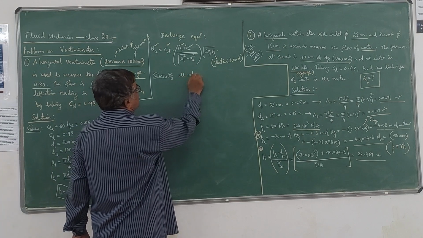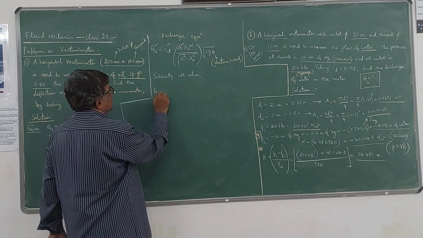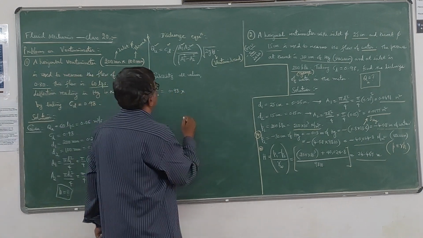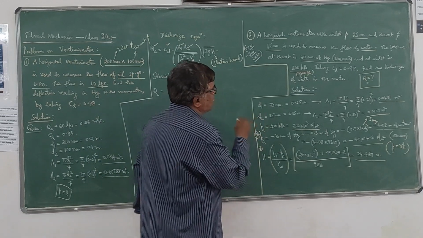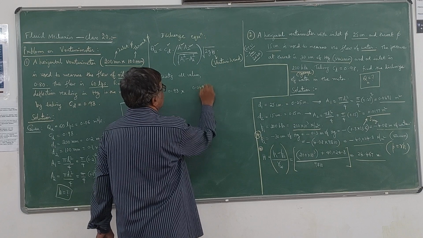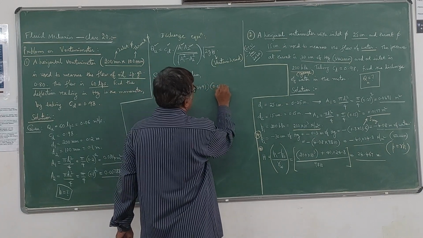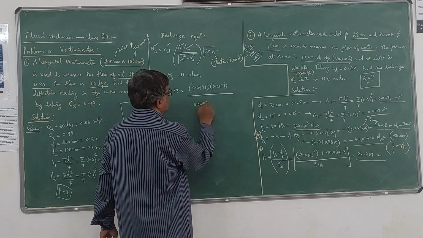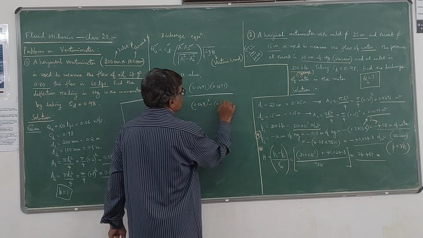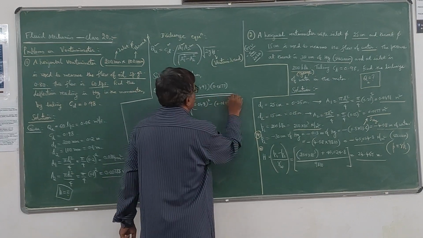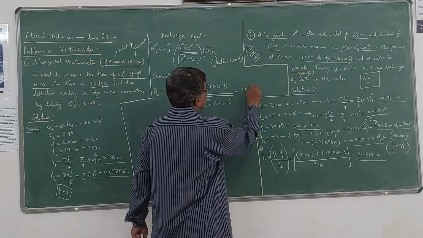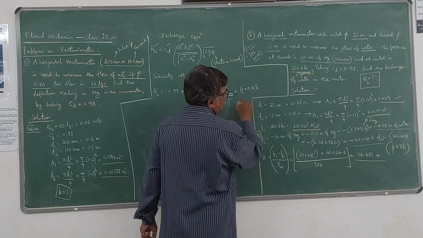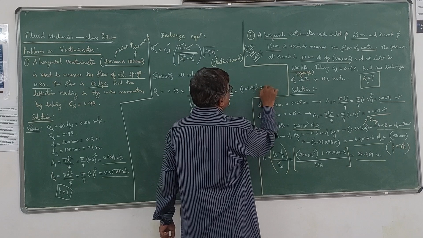Substituting all values. So Q actual, the actual discharge, is equal to CD is 0.98. As I already told you, if they don't give, you can assume this value as 0.98, into A1 A2. A1 is 0.0491 into A2 is 0.0177 divided by square root of A1 square 0.0491 square minus 0.0177 square under root into root 2 into G is 9.81 into H. Of course, H is how much? 24.467.